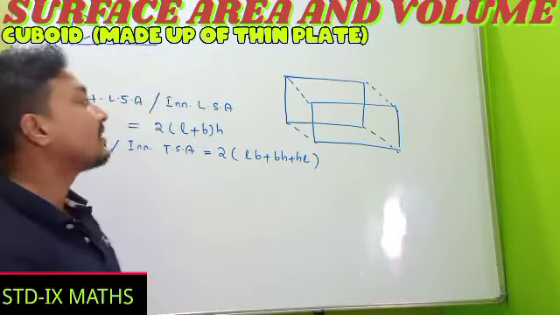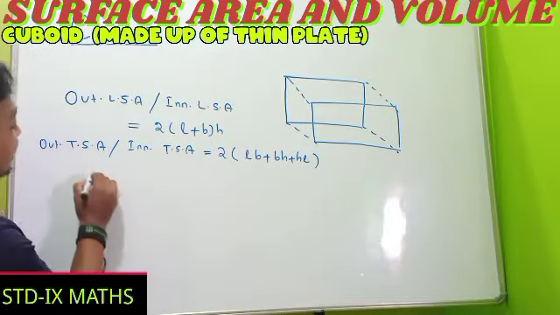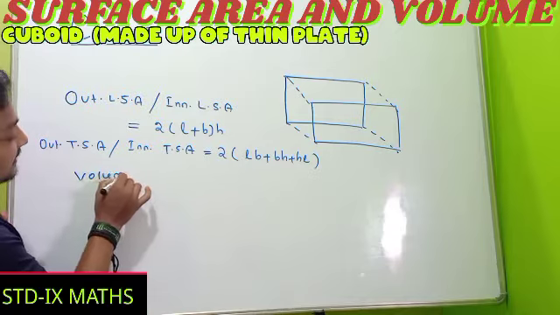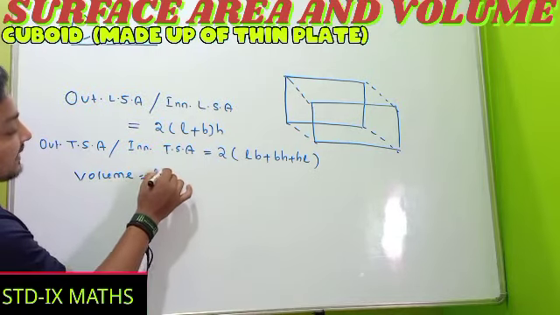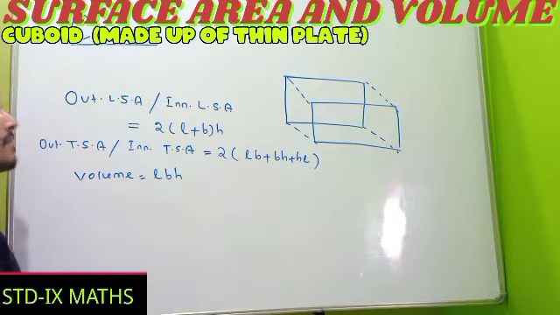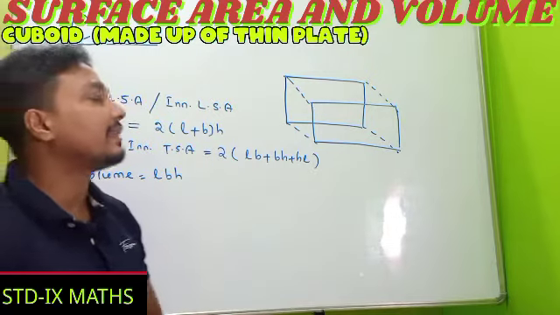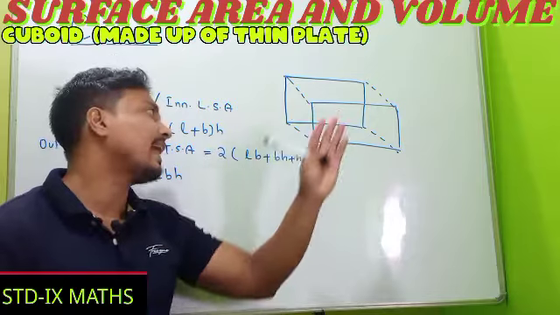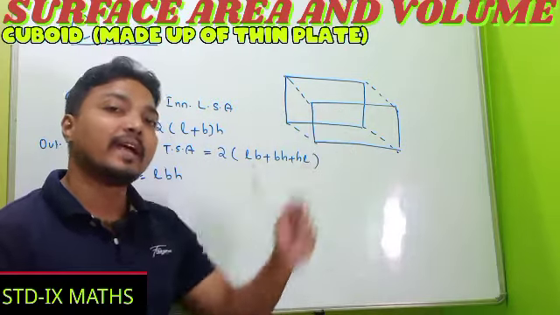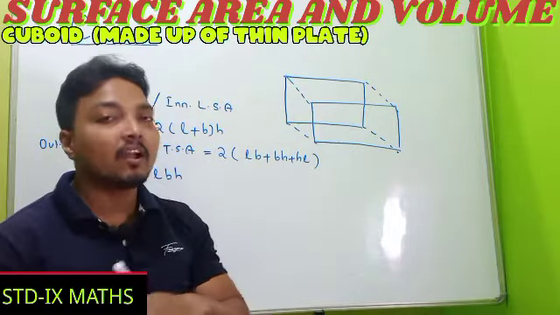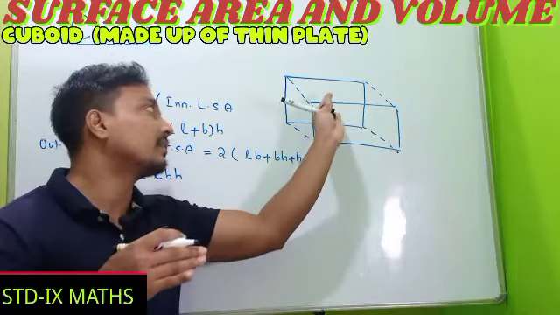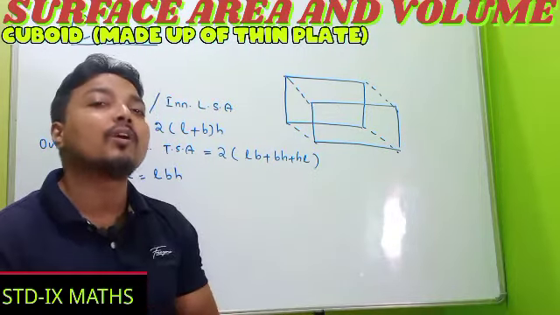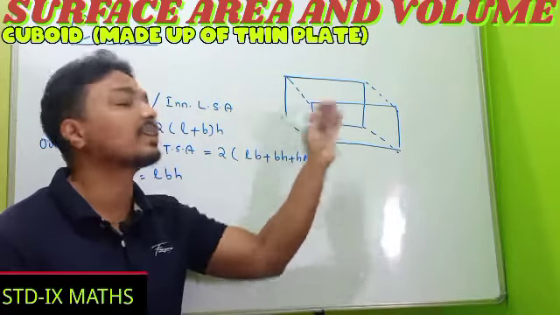So here the volume is a single volume, not inner, not outer. The volume is length into breadth into height. And remember one thing, however much water can fill the cuboid, that much milk can also fill it, and that much of any other liquid can also fill it.